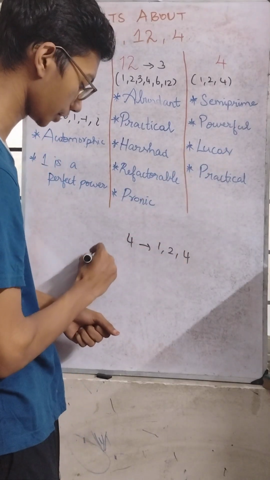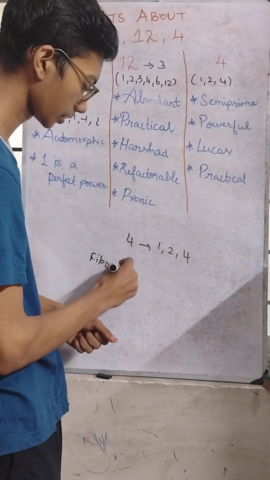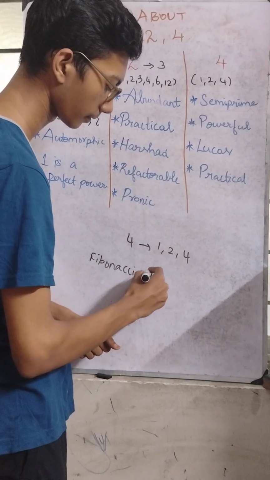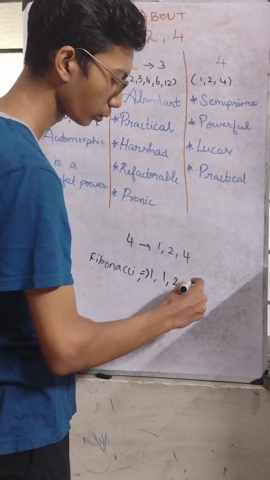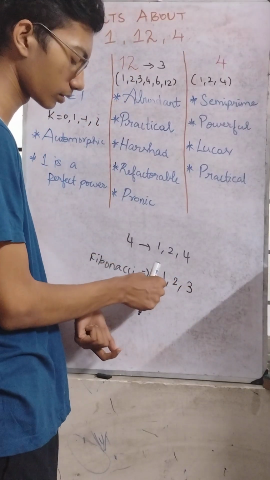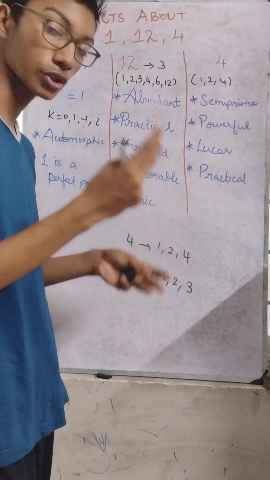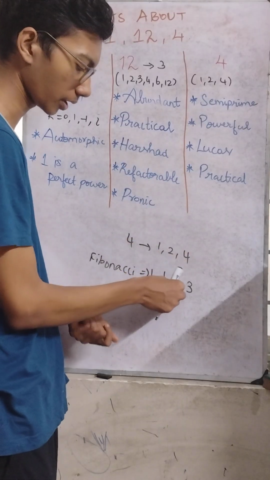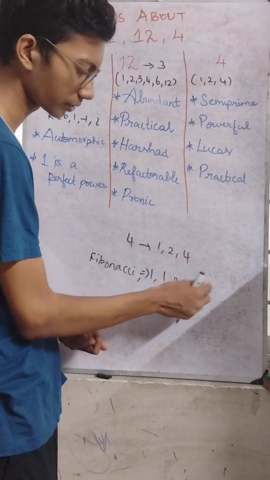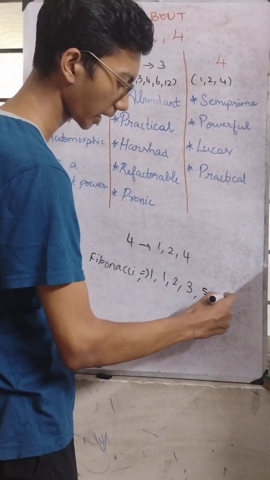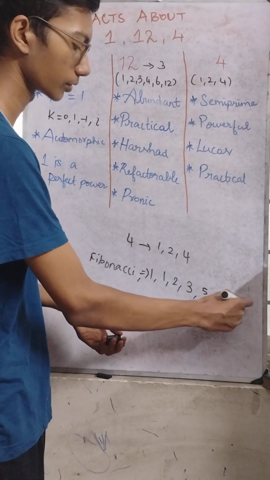We all know the Fibonacci sequence. It starts with 1, 1, 2, 3. It starts with 1, 1 and then adds the two preceding numbers. So 1 plus 1 gives 2, 1 plus 2 gives 3, 2 plus 3 gives 5, 3 plus 5 gives 8. So this is how the sequence goes.